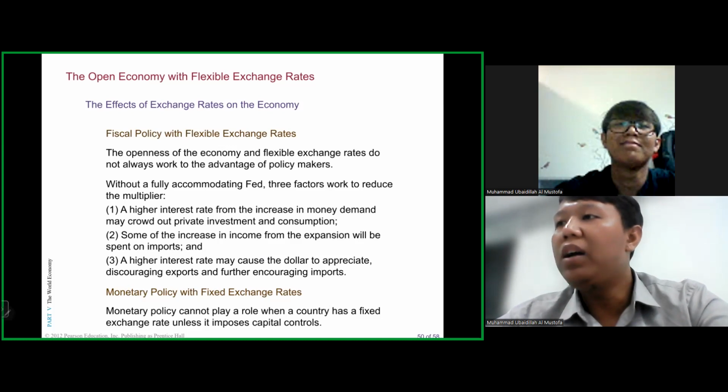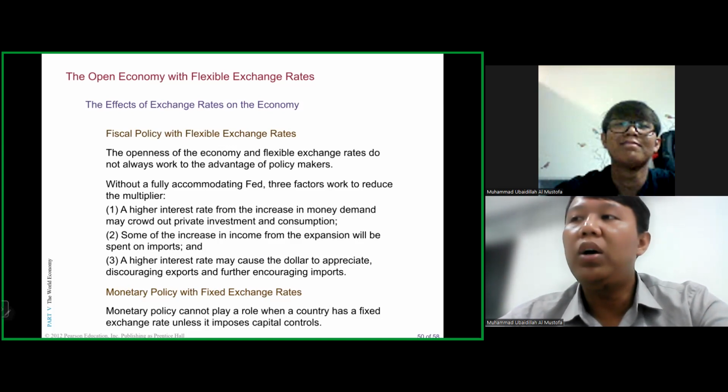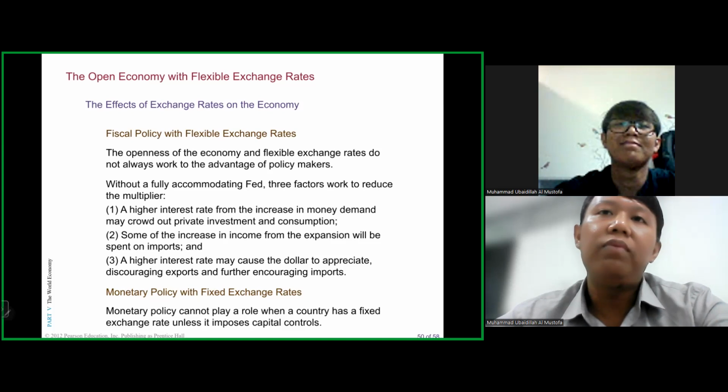The openness of the economy and flexible exchange rate do not always work to the advantage of policymakers. So these are the things to consider. Without fully accommodating Fed, the three factors work to reduce the multiplier. Higher interest rate from the increase in money demand may crowd out private investment and consumption.